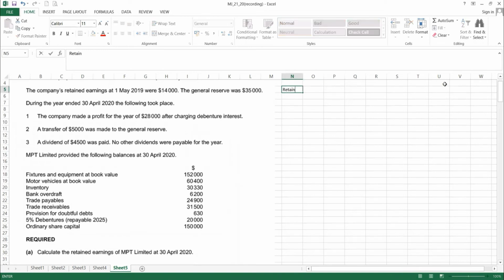Retained earnings, date, detail, and dollar sign.